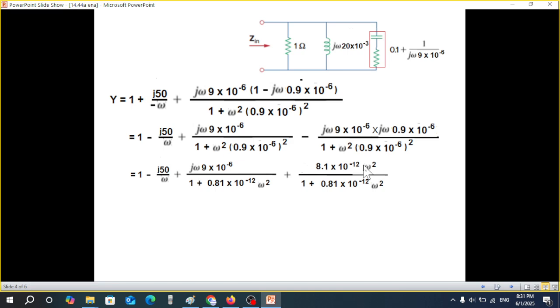I have just added an extra step: j multiplied by j will be j square, which will be minus 1, minus and minus plus, then the omega square, and then this multiplied by this will be 8.1 times 10 raised to the power minus 12, and similarly the denominator when we open the square here.